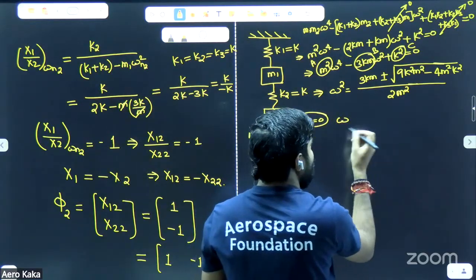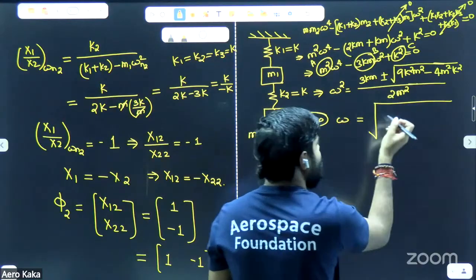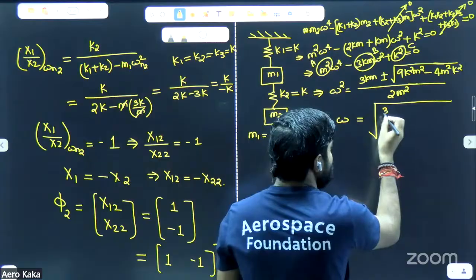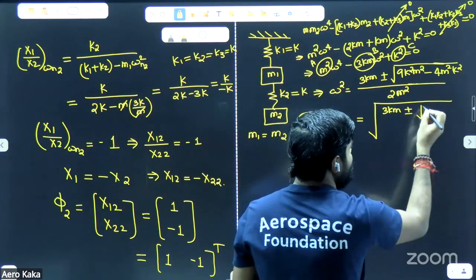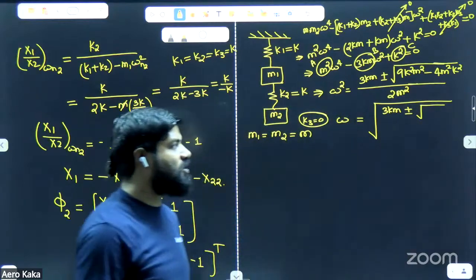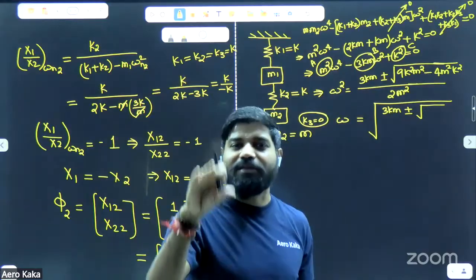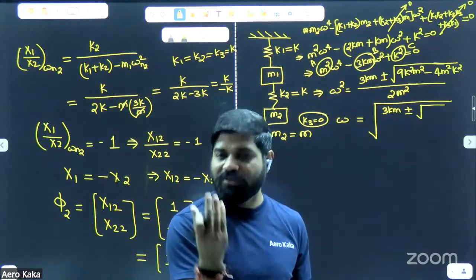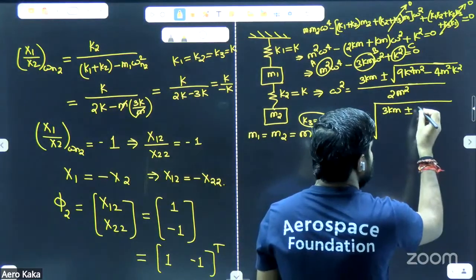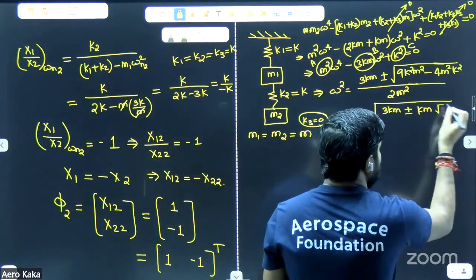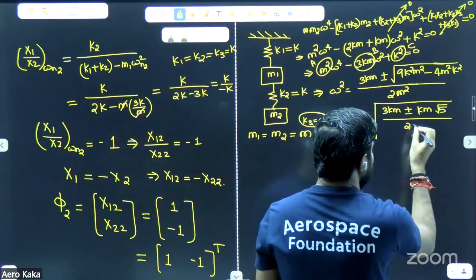So this omega is going to be how much? I can write from here onwards, root of 3Km plus minus root of how much? Could you tell me? 9 minus 4 is going to be 5, K square M square. So we can take this K square M square outside the square root. So simply I can write this is going to be Km root 5 divided by 2M square.